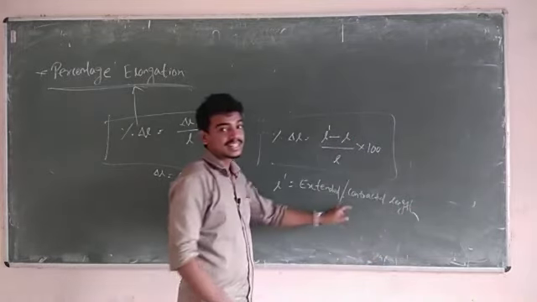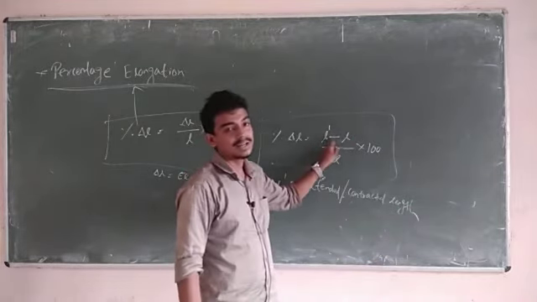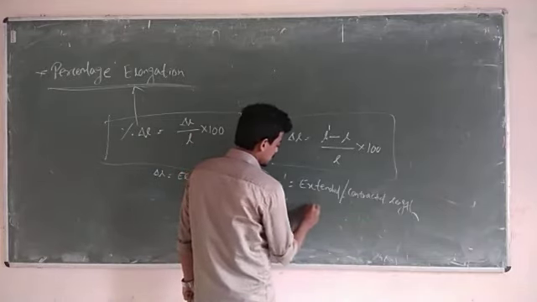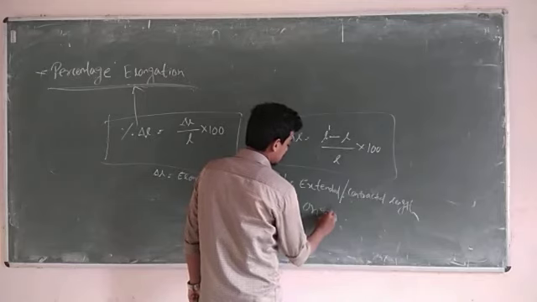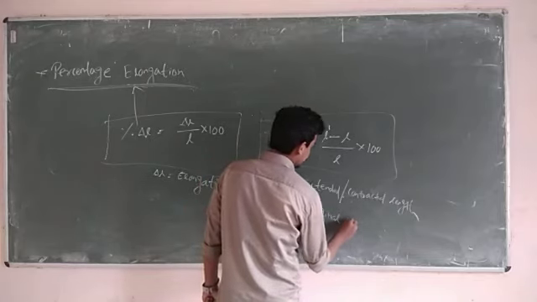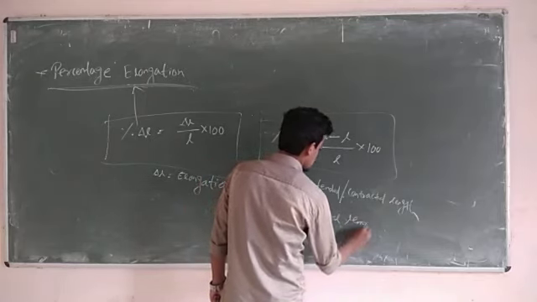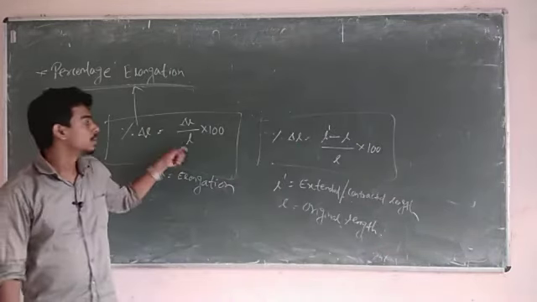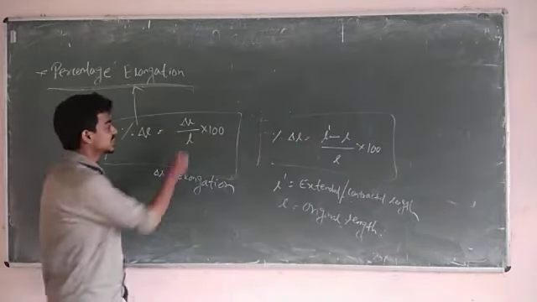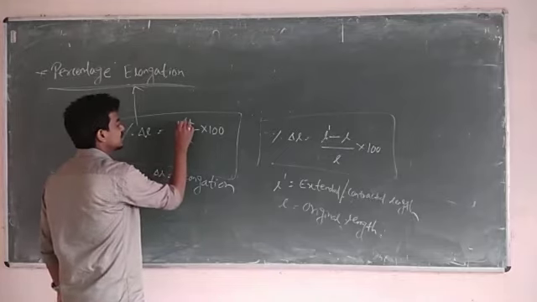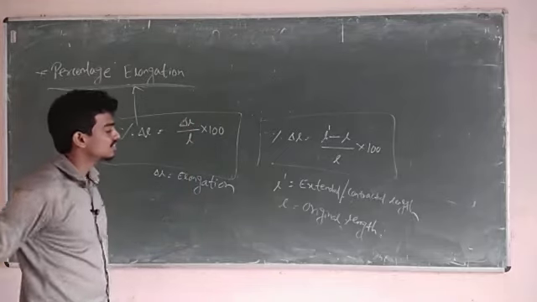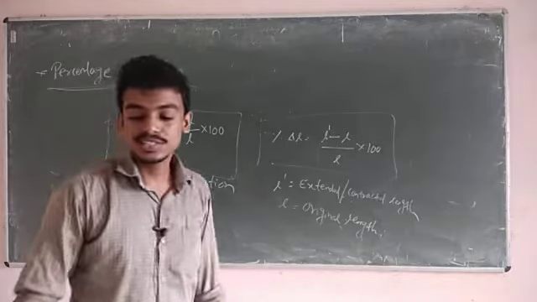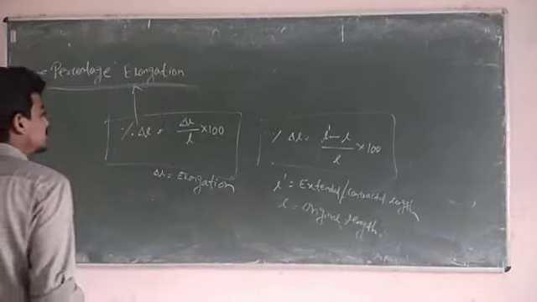If it is contracted, just use the opposite, L minus L dash, in the formula. L means original length. It is better to use this formula: find out the change in length, that is the elongation, by original length into 100. In this way, you can find out the percentage elongation.